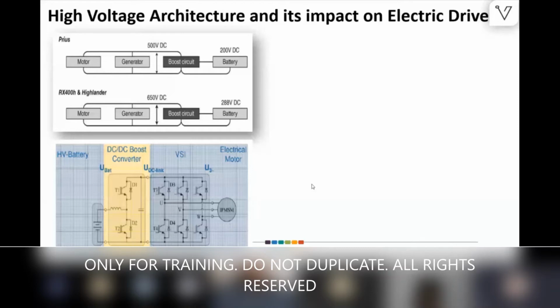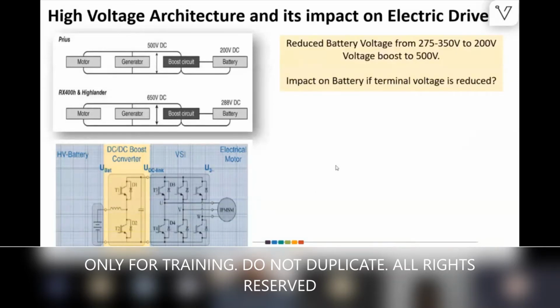When we do deep dive sessions, we will go into these kinds of parameters and detailed discussions. When we reduce the terminal voltage, what will happen with the battery? That is also very interesting. If you are keen to work on batteries, a very interesting discussion can happen on this.